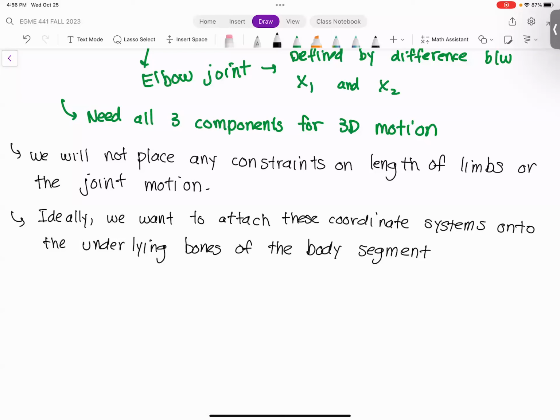Because in any given body segment, the bones are the most rigid part of that segment. Like we talked about earlier, the muscle tissue, the skin tissue, the fat tissue, all of those can wobble and wiggle and change shape. And so if we want to get a true measure of the joint angles for a person's motion, we should ideally attach our coordinate systems or do our tracking according to the bones.